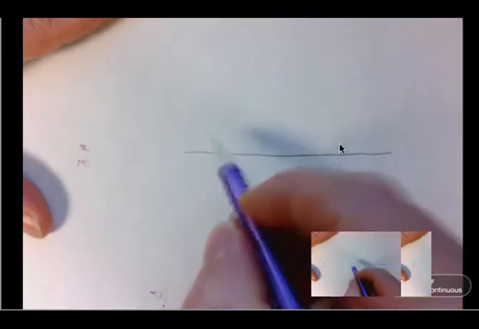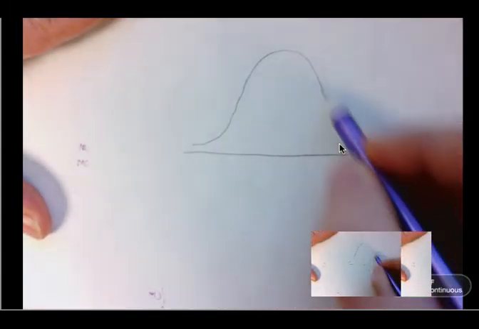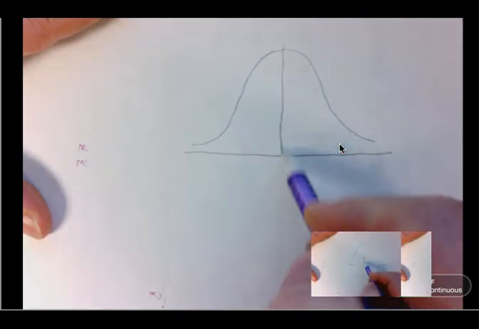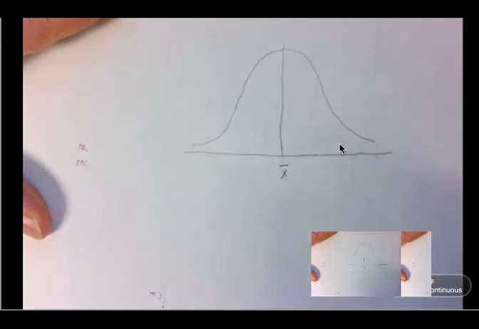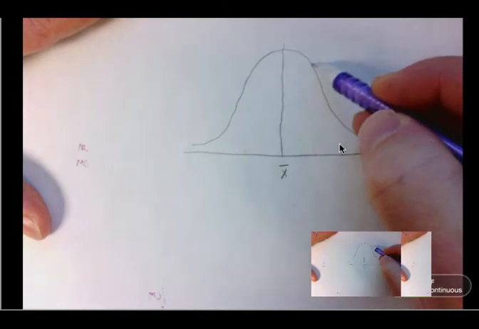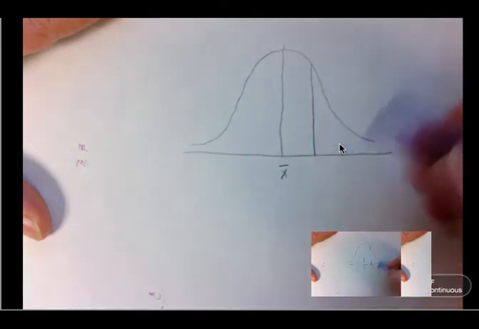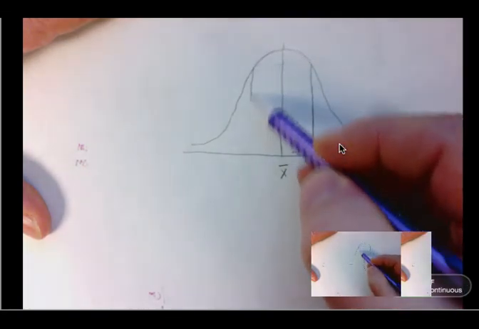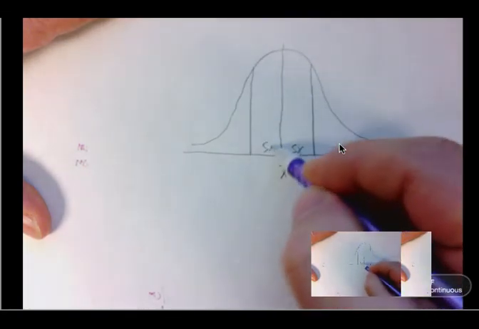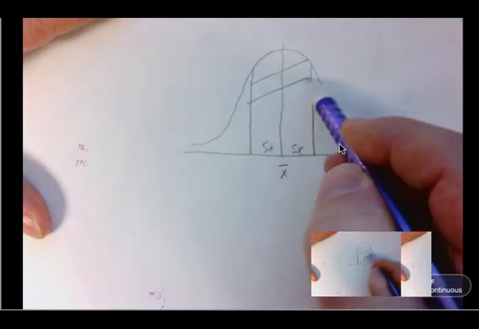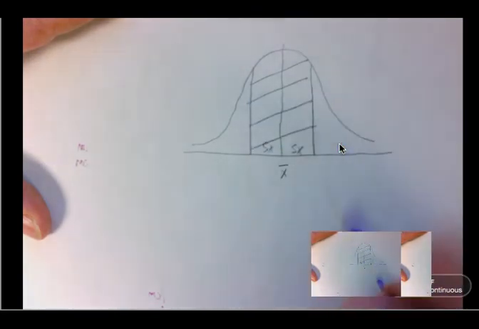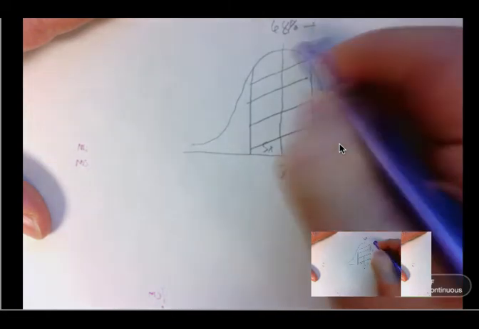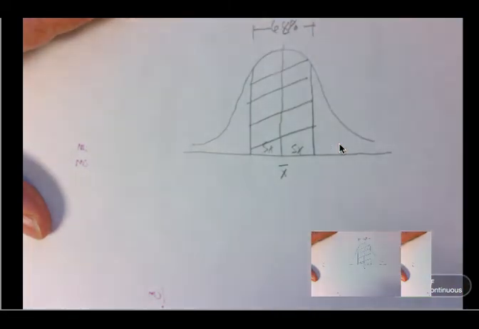follows a distribution that is a normal or a bell curve, with the mean value here like so, x bar. And if we compute a certain distance up from the mean equal to 1 SX and 1 down from the mean, 1 SX, that data corresponds to 68% of all the data if it's a normal distribution.